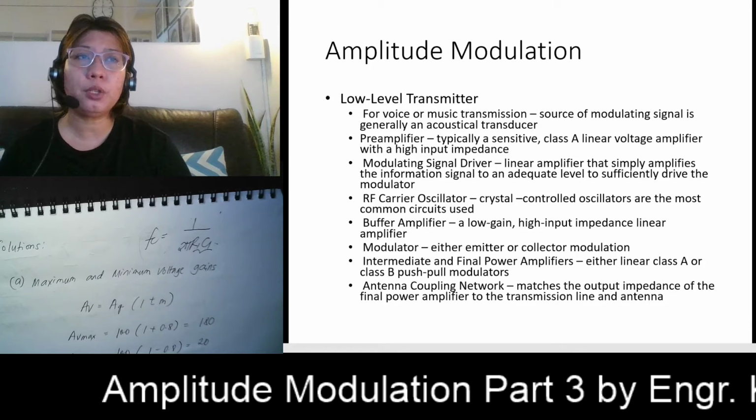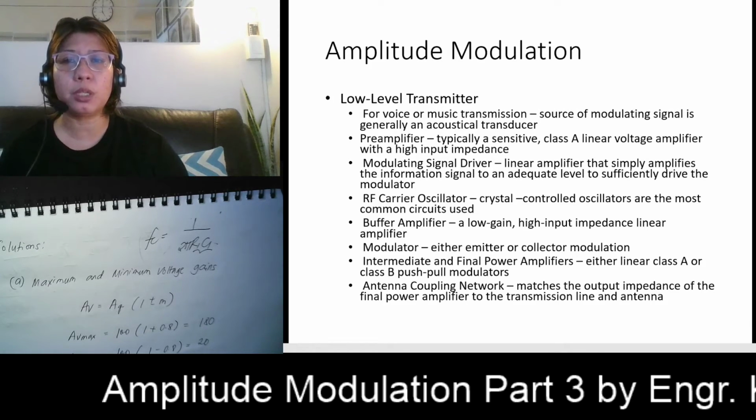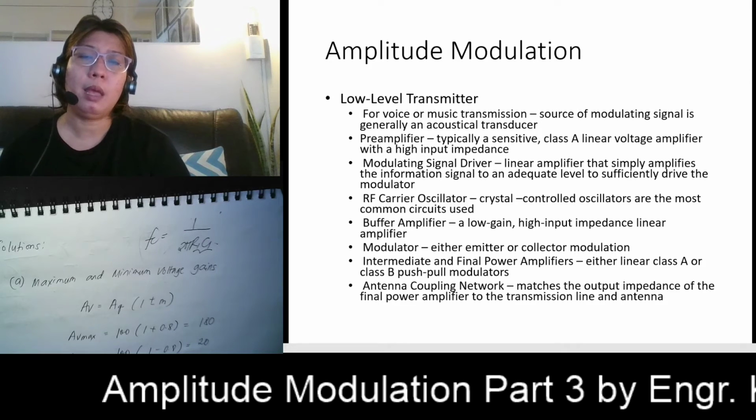An acoustical transducer converts your sound energy to an electrical signal. Usually, acoustical transducers include microphones, magnetic tapes, a CD player, or a phonograph recorder.